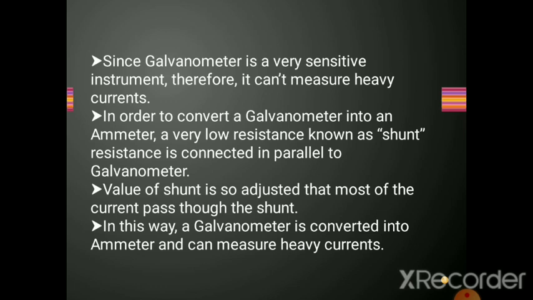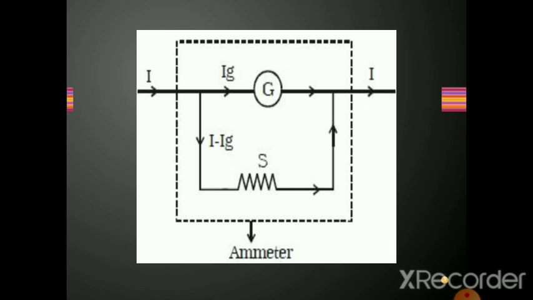In this way, a galvanometer is converted into an ammeter and it can measure heavy currents. Here we can see a galvanometer connected with a shunt in parallel connection.